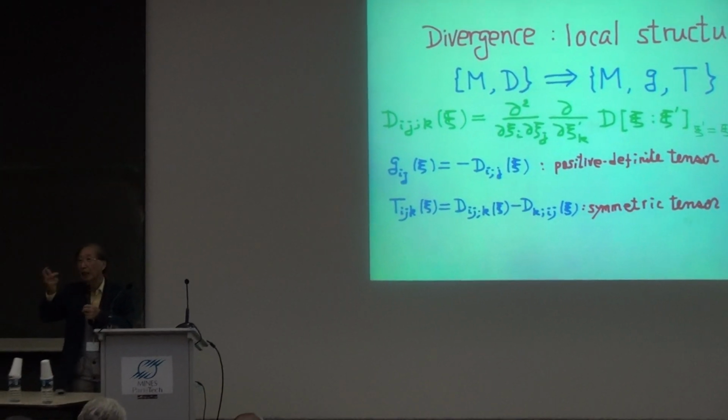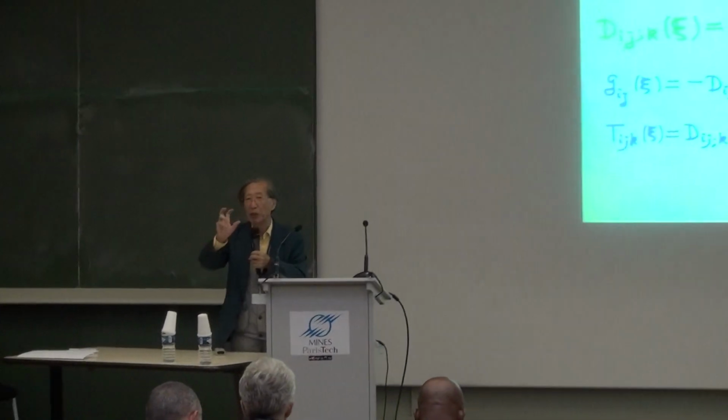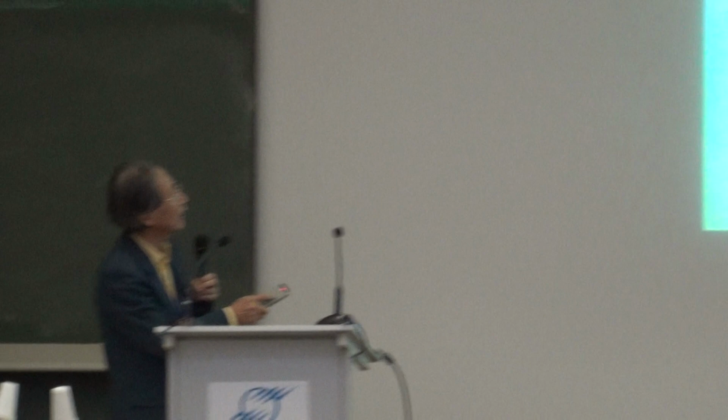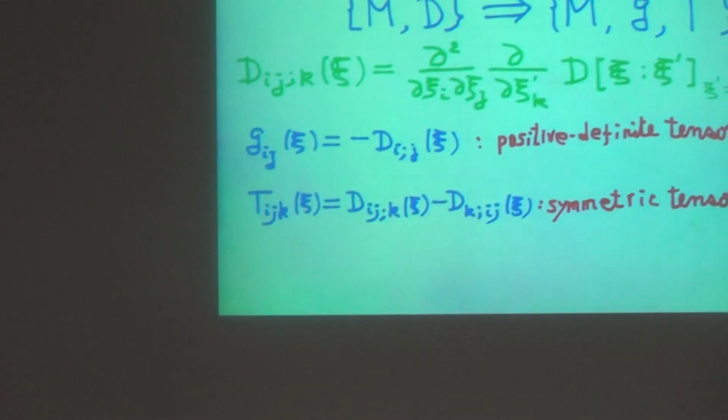Then the third order comes in. And because it's not symmetric, it refers to P and Q, we can obtain some tensor from this one. And this is by Professor Shun-ichi when he was very young. Okay? But anyway, so locally, divergence gives two important tensors.